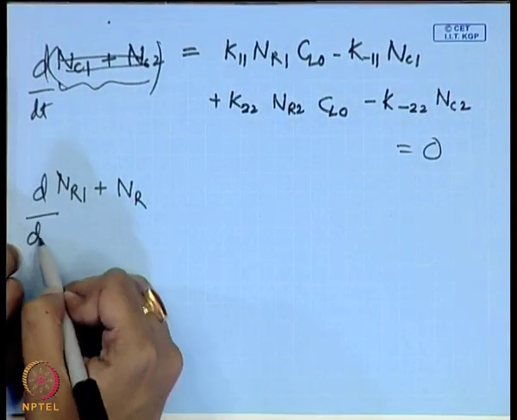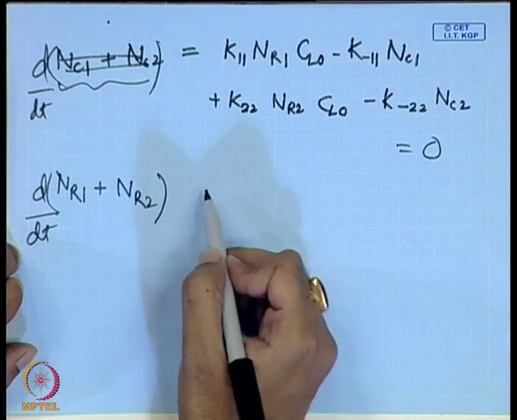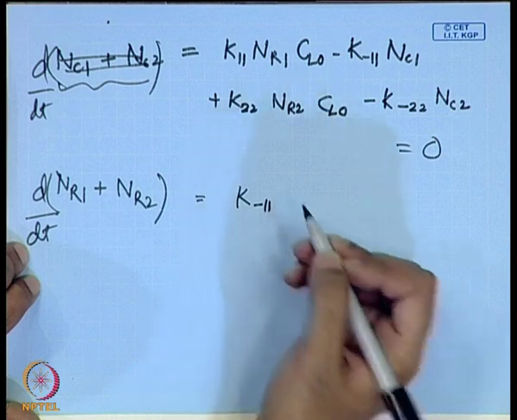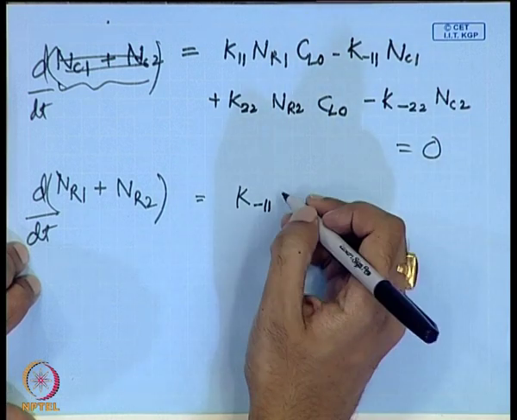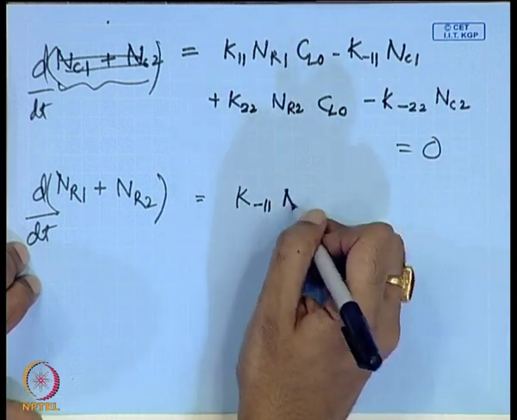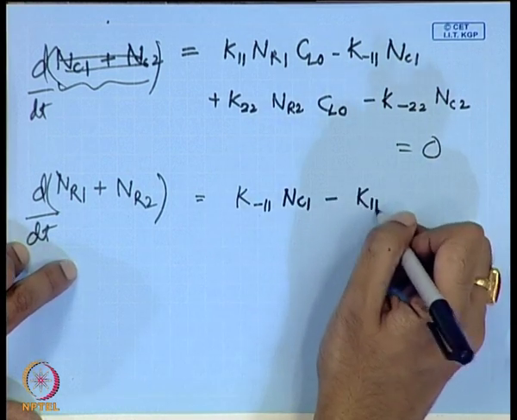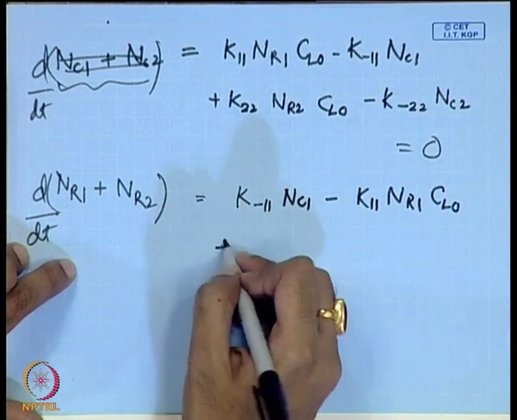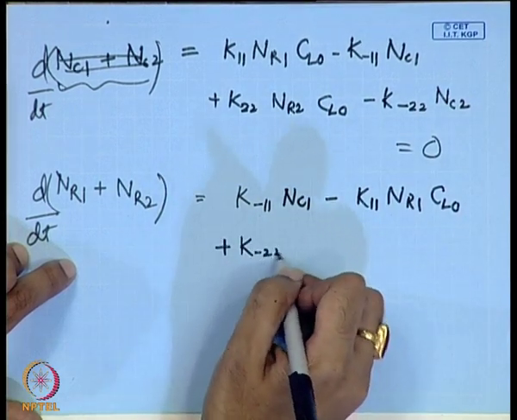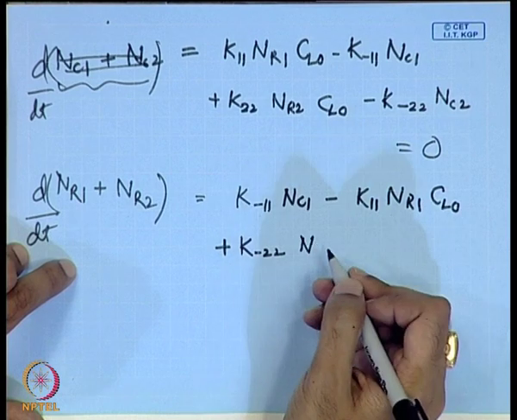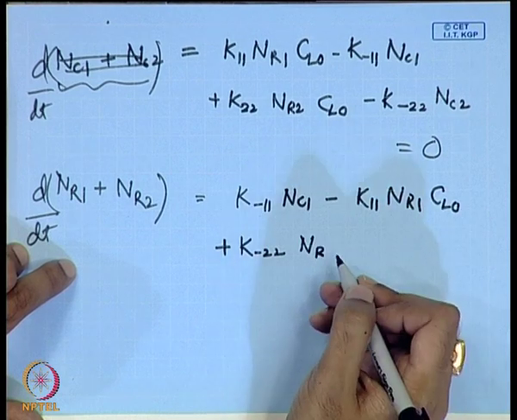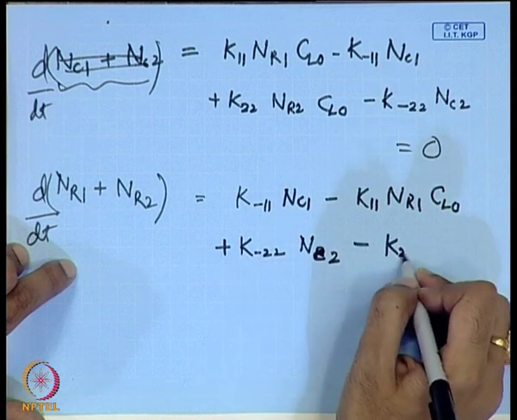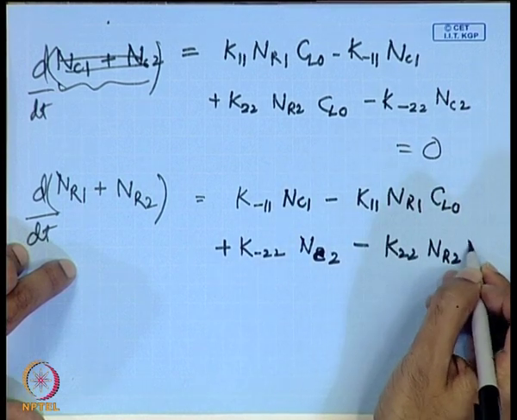Similarly, d/dt of NR1 plus NR2 equals K minus 11 NC1 minus K11 NR1 Cl0 plus K minus 22 NC2 minus K22 NR2 Cl0.